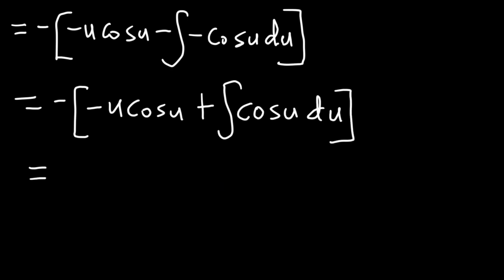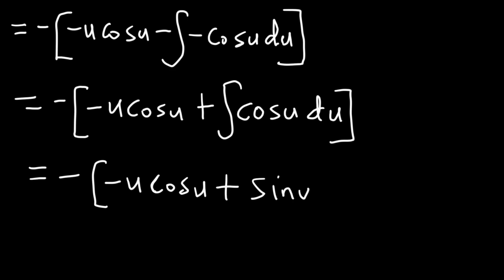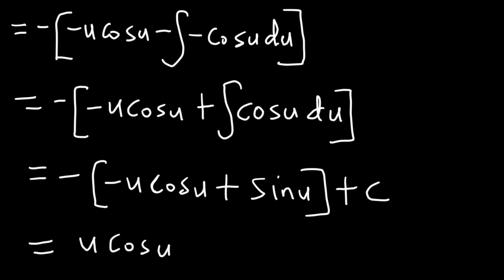This will give us negative into negative u cosine u, and then plus, when you integrate cosine you get sine, so this will be sine u, and then plus c. And if we distribute the negative, we shall have u cosine u minus sine u plus c.